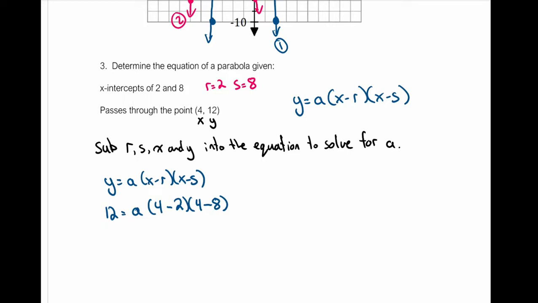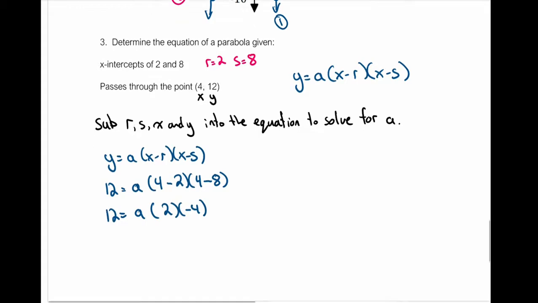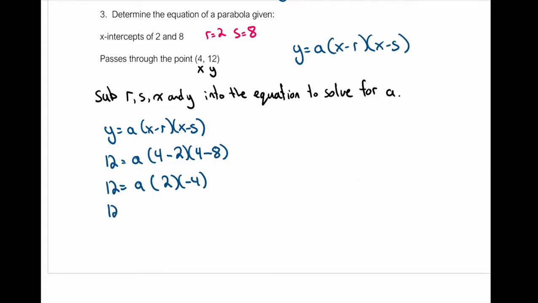What I'm going to do now is simplify, so I can simplify those brackets. So 4 minus 2 is 2, 4 minus 8 is negative 4. So in this case, again, still simplifying, a times negative 8 equals 12.